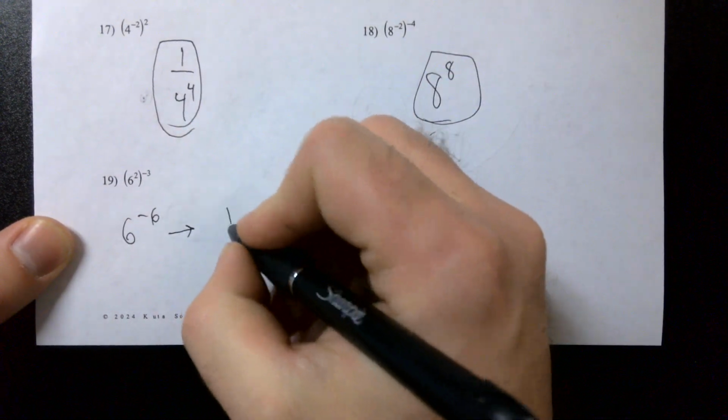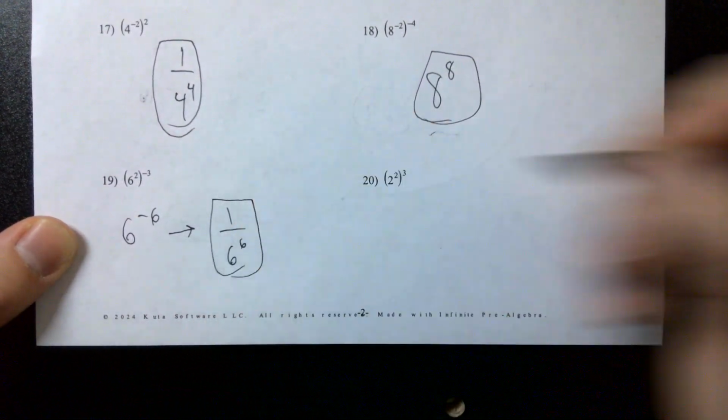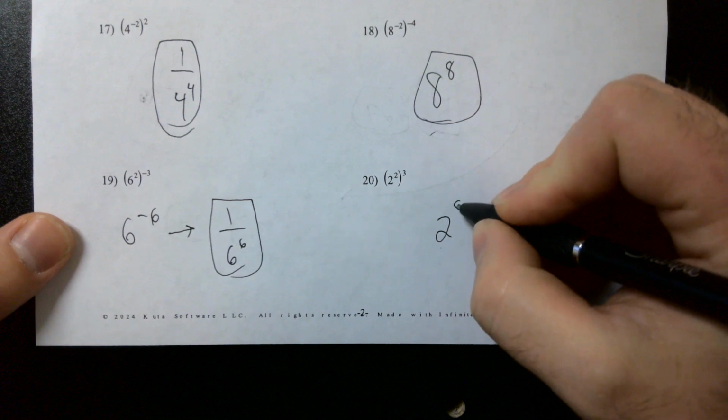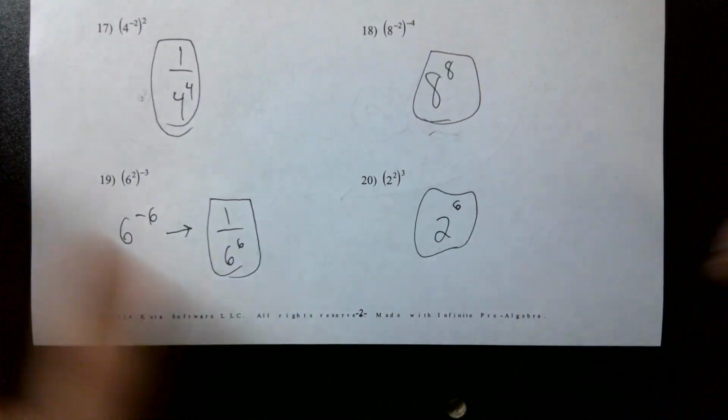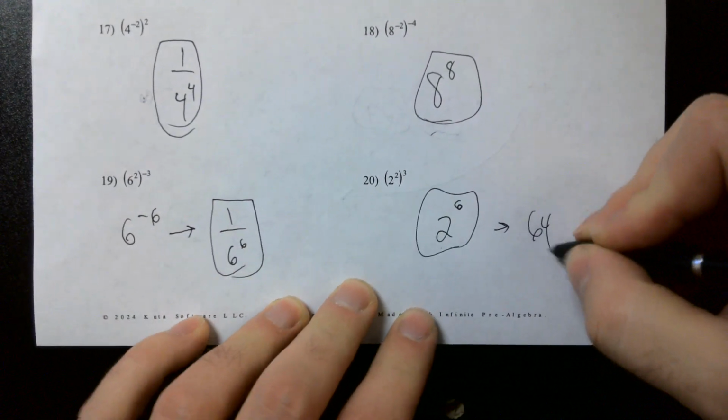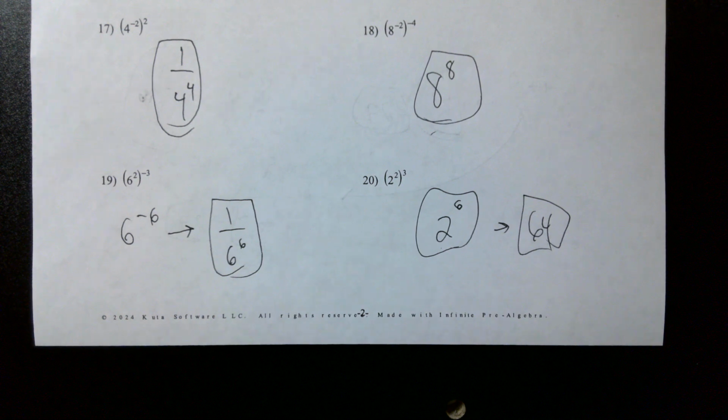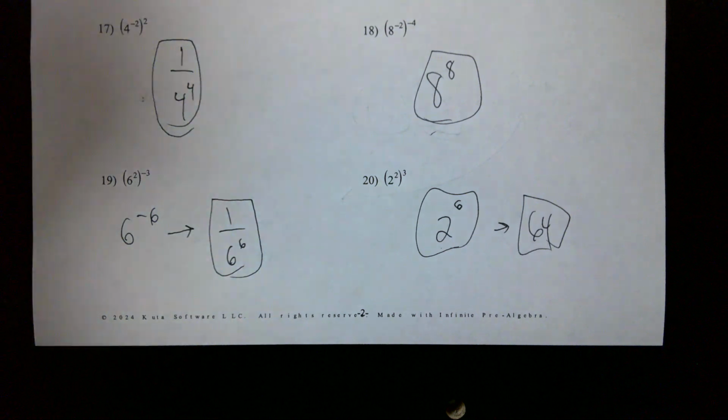Number 19, I get 6 to the negative 6, which turns into 1 over 6 to the 6th. And finally, 2 to the power of 6, which is equal to 64. 2 times 2 times 2 times 2 times 2 times 2. 8 times 8, boom, 64. Any questions I can answer on the back?